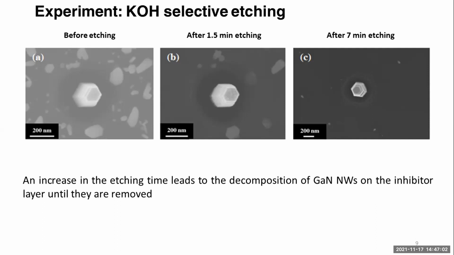An increase in the etching time leads to the decomposition of gallium nitride nanowires on the inhibitor layer until they are removed.